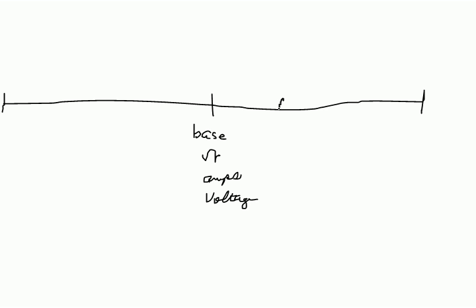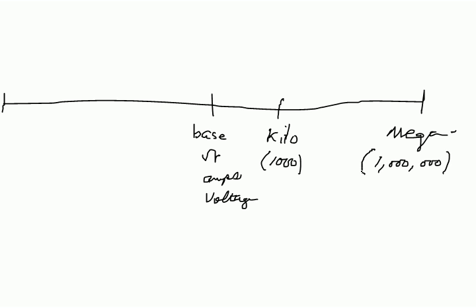As we move this way, we go into kilo. Kilo means 1,000. Okay? As we continue going, we get down here to mega, which means 1 million. Okay, and when we go this way, we're going to get down here to milli, which means 1/1000. And those are probably going to be the only 3 that we deal with.